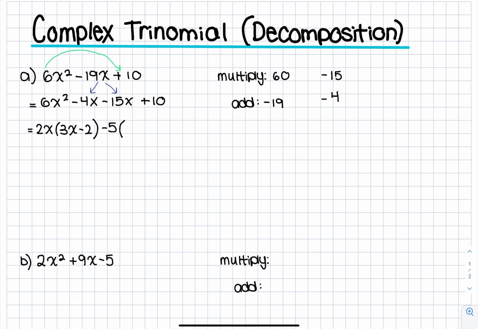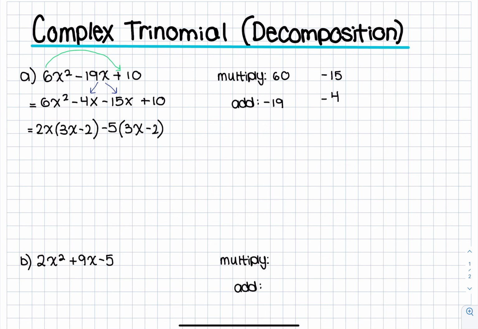If we pull minus 5 out of negative 15x, that's going to leave us with 3x. Or you can think of it as negative 15x divided by negative 5. And then same idea with that 10. We have positive 10, pull out a negative 5, and that leaves us with minus 2.